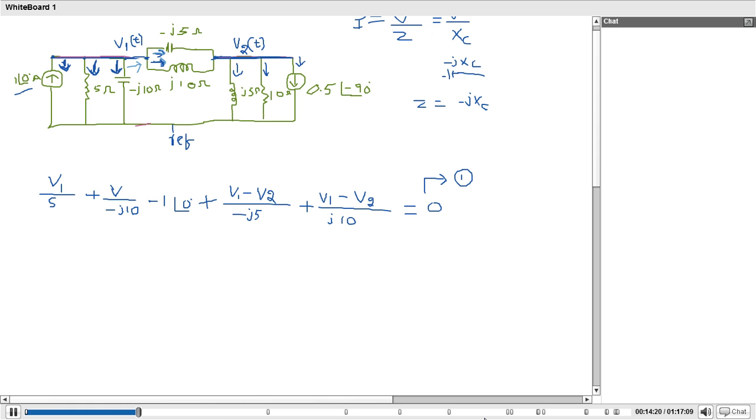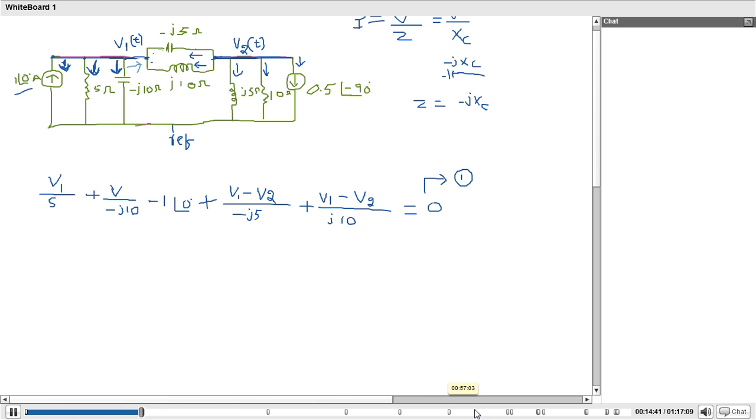Now this time I will erase this. So these parallel branch currents also, like this. Now V2 acts as a higher potential, since V2 is delivering the current in this direction.